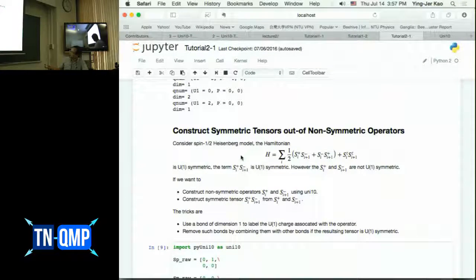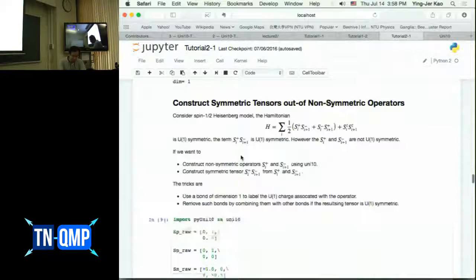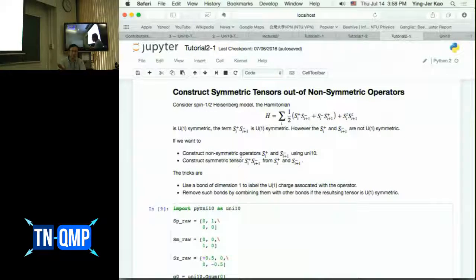But S plus and S minus individually are not symmetric, while S plus S minus is U1 symmetric. There are several ways to fix it, but the way we found is to construct a non-symmetric operator, so we don't have to conserve anything.